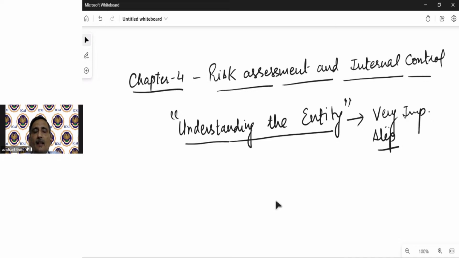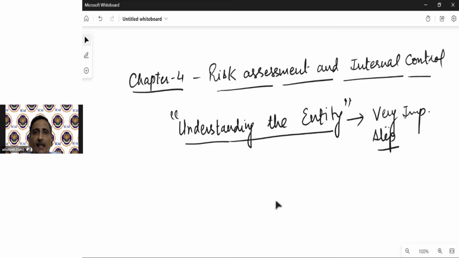So guys, the next topic in this chapter is internal control. But before we begin internal control, we shall discuss one more topic which is very important, that is understanding the entity. Before starting, the auditor has to understand the company, the entity which he is auditing.